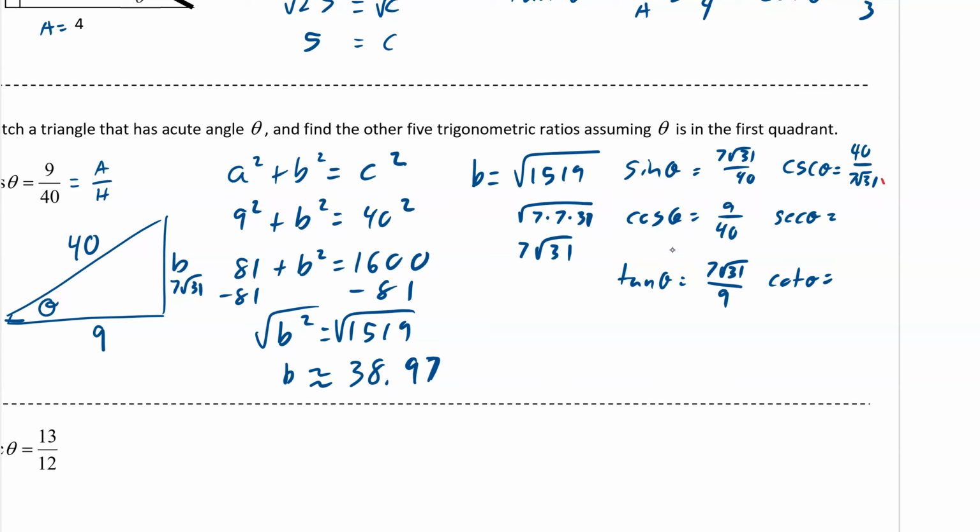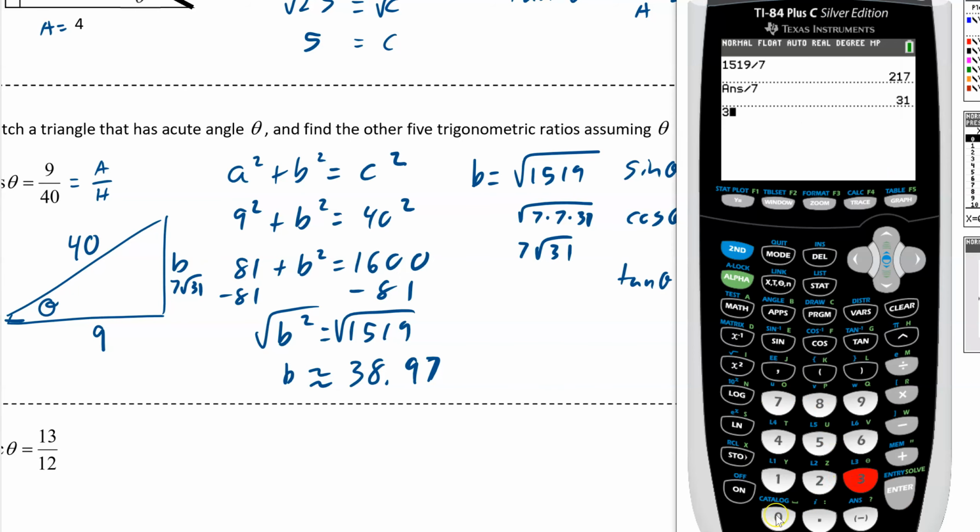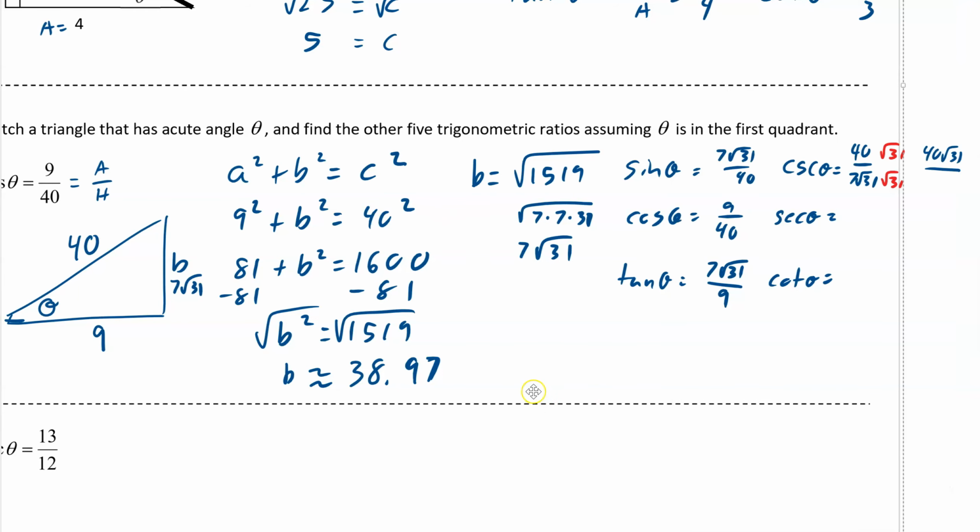And then we need to rationalize. So square root of 31, square root of 31, and we end up with 40 square root of 31 over, remember this will now be 31 times 7. So 31 times 7 is 217. And then we do it again. So this is 40 over 9. Don't have to do anything.